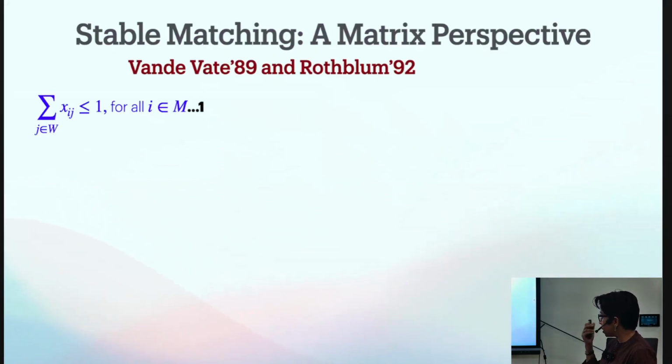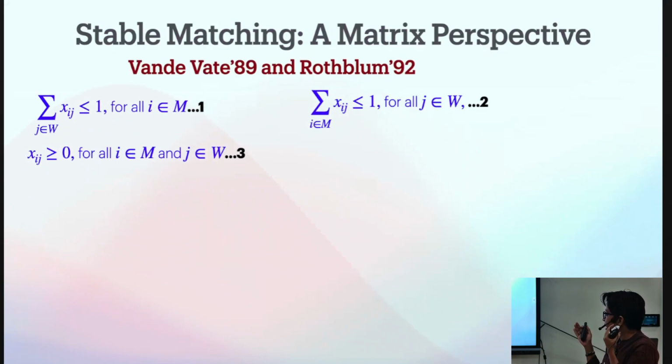So this particular setting dates back to these two works, Vande Vate in '89 and Rothblum's paper, which came out in '92. So these are what we call constraints. You want an assignment to this matrix X such that these constraints are satisfied.